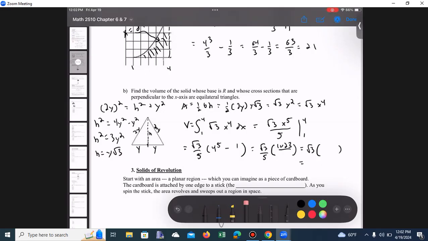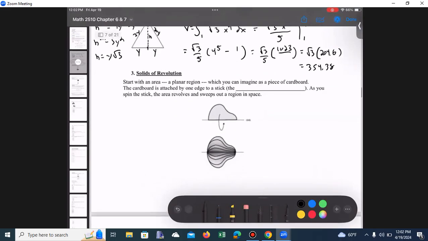So 1023 divided by 5 is 204.6. So that's times square root of 3 is 354.38. I knew I had too many 5s. Looking at it thinking, why are there so many 5s sitting on this?